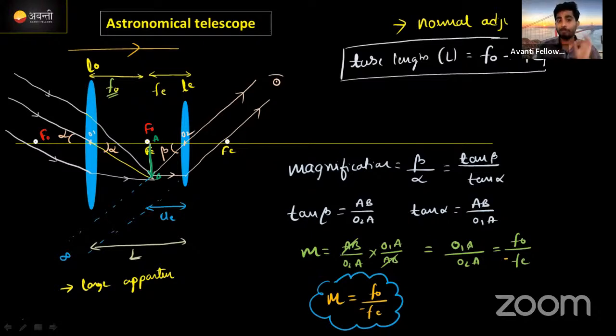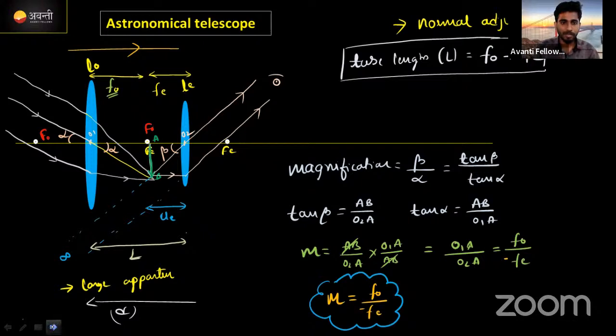So we need to form the image at a distance D. The eye lens is a lens that we can easily move over the principal axis. By adjusting it, we need to focus the image at 25 centimeter. Clear? Let us check how to find out.